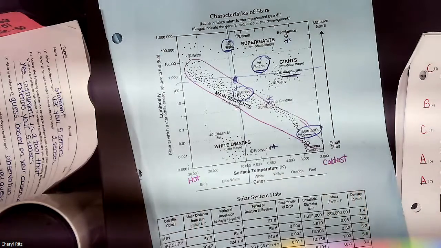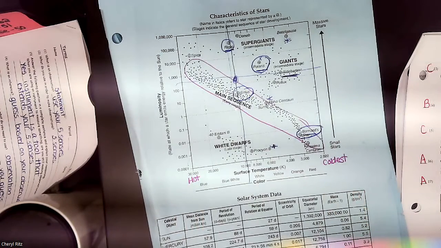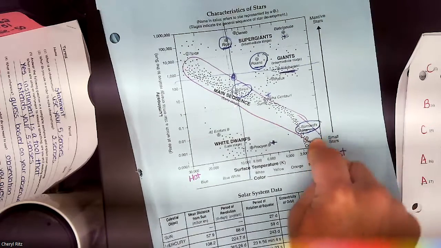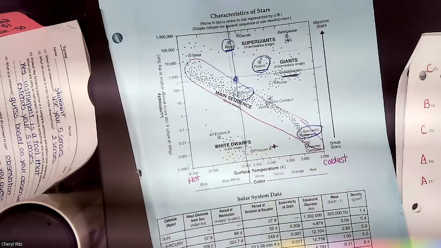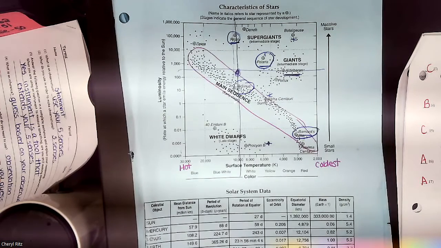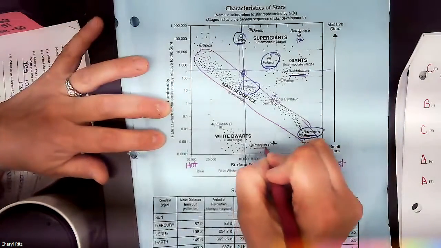We wanted to go increasing temperature. By the way, those words, increasing temperature, do we start cold and go hot or start hot and go cold? We start cold and get hot. So that means we have to be on this side and go this way on the chart. So it's just process of elimination. It took me a while. I started with answer A, and it says Procyon B.